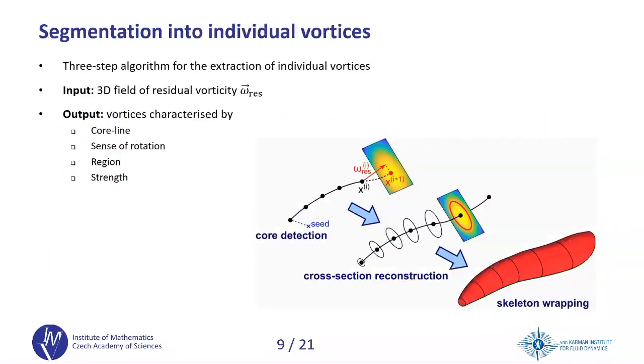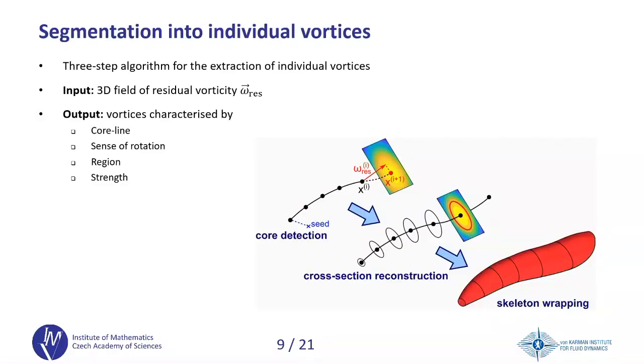The input of the algorithm that we designed was this 3D field of residual vorticity that we have just calculated. And the output would be a list of individual vortices. For each vortex, it would have its core line, its region extent, and also a measure of its strength.